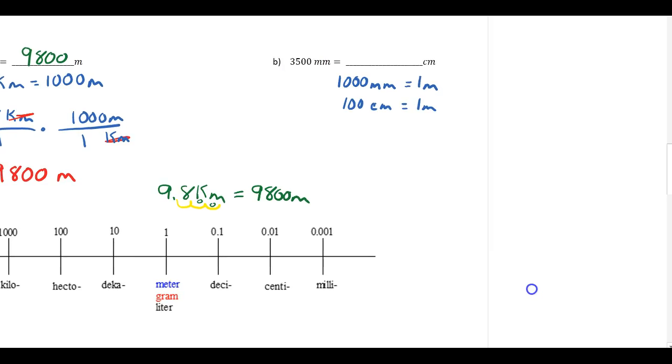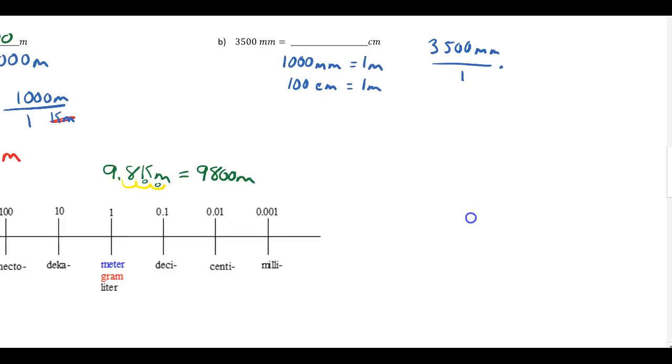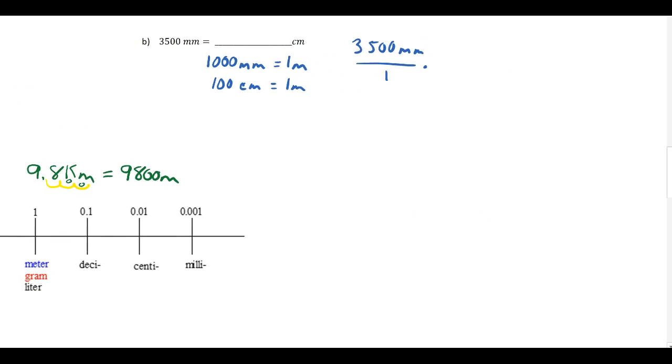So what I'm going to do is start out with my 3,500 millimeters over 1. And let me move this over a little bit further. I want millimeters on the denominator, so that's 1,000 millimeters equals 1 meter. Cancel out my units. I have meters, but I want centimeters. So I'm going to say 1 meter is equal to 100 centimeters.